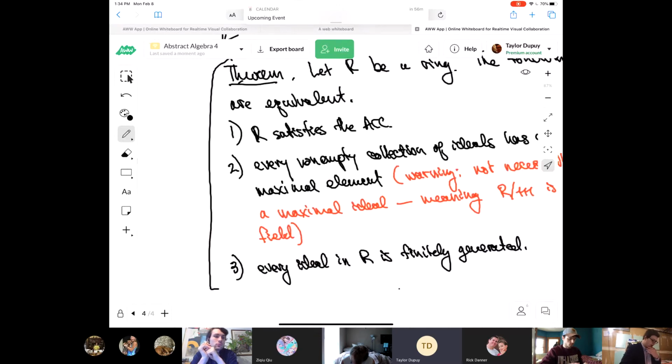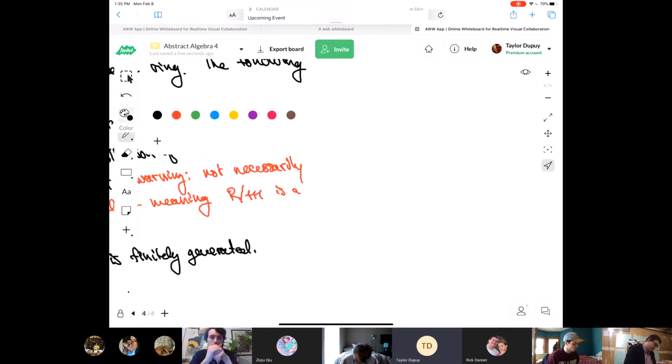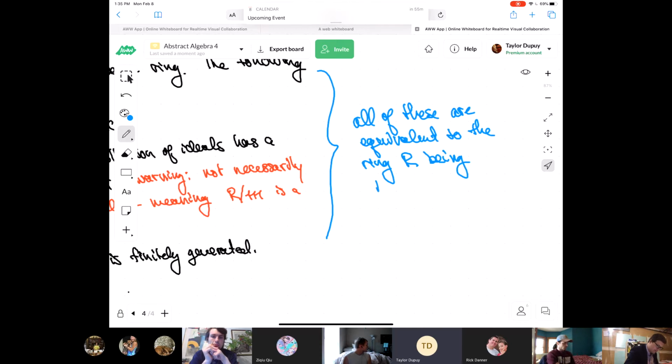A lot of the times, depending on who you're talking to, 1 and 3 are probably the most commonly referred to as a Noetherian ring. So all of these here are equivalent to the ring R being Noetherian.